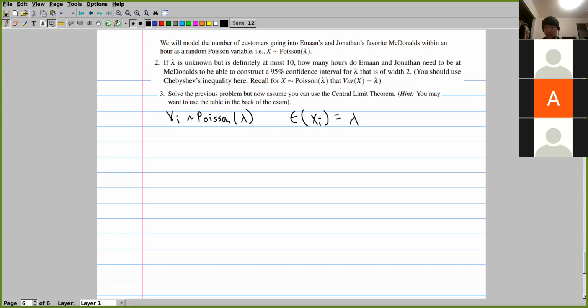We can also use the variance, but the sum is a bit easier. If I call Sn the sum of all the xi's, then the expectation of the sum is going to be n lambda. So to estimate lambda, we have to divide everything out by n.